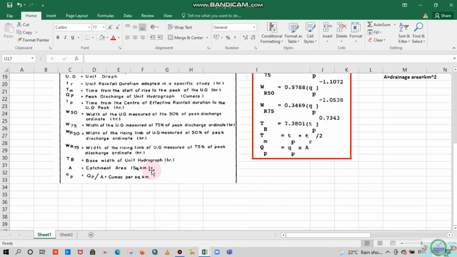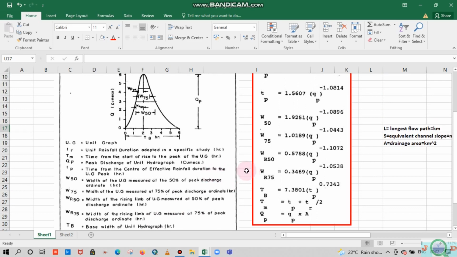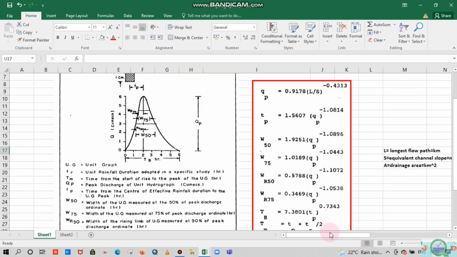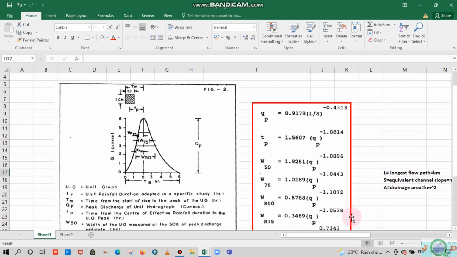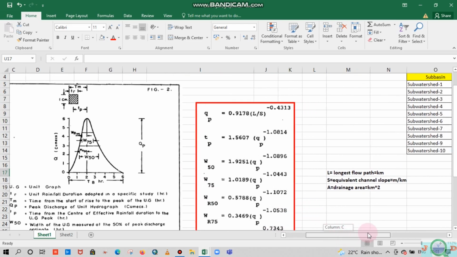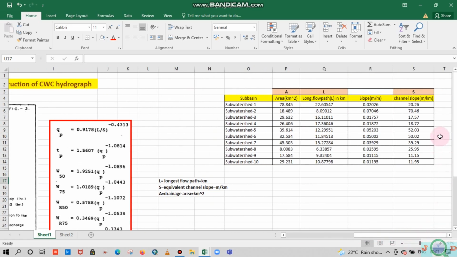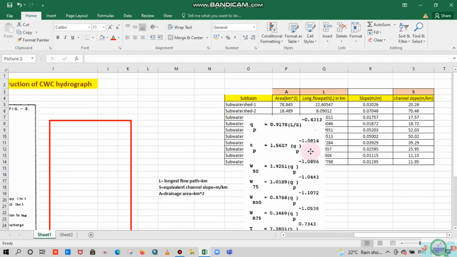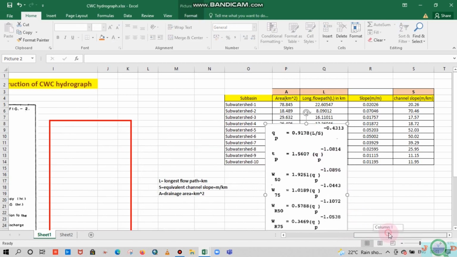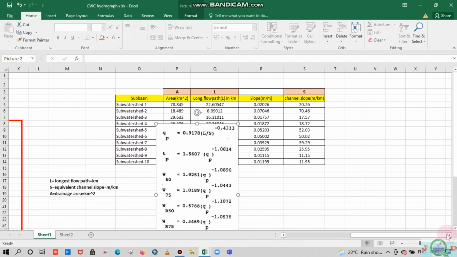We will get discharge per square kilometer area. So now let us find these parameters. First we will find the Qp. I just drag this and keep it here, so it will be much easier to formulate its equation.